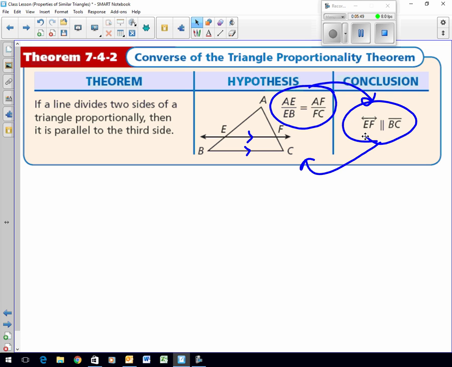That means parallel. So this tells me that those two lines are parallel. That means line EF.